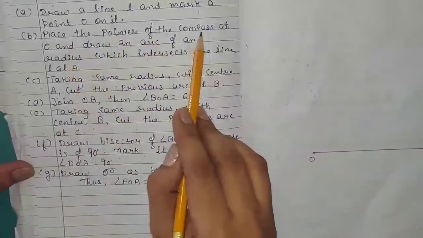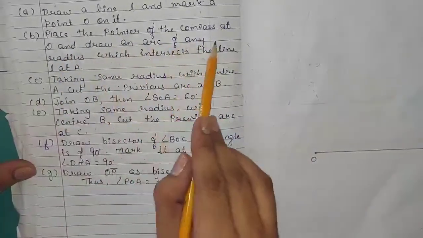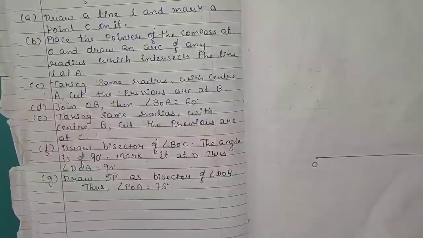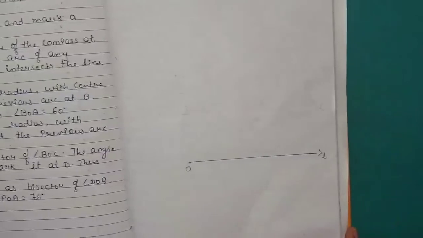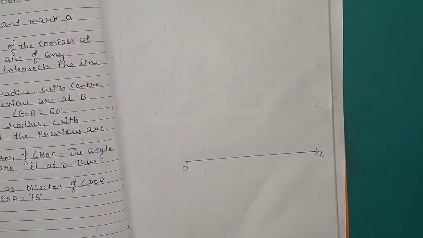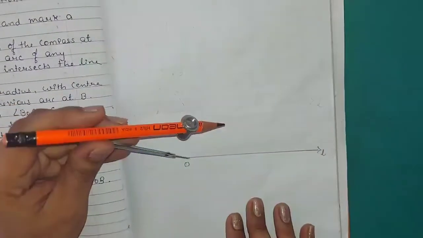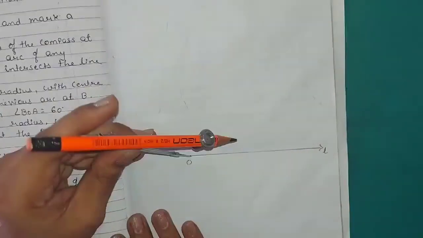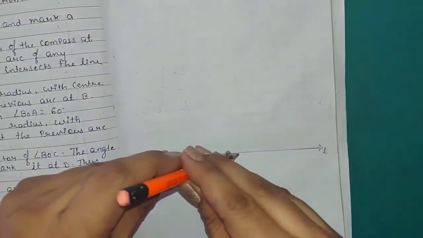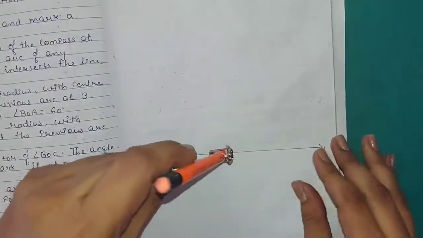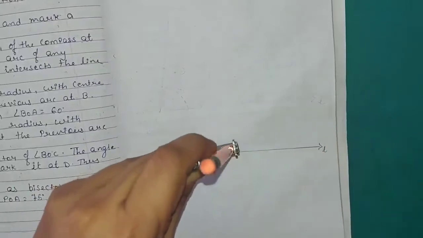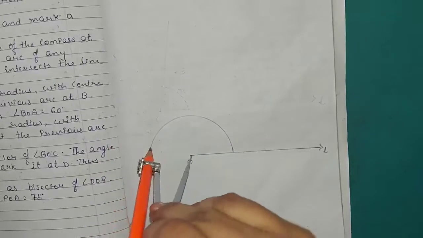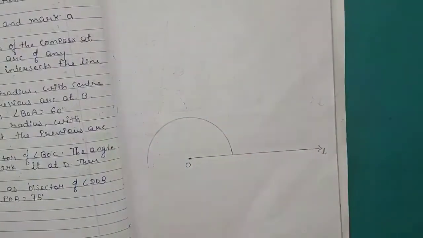Place the pointer of the compass at O and draw an arc of any radius which intersects the line L at A. So here we will place the pointer of the compass at O, and we have to take any convenient radius. So let us open the compass and draw an arc with center O. So here we have drawn an arc with center O.